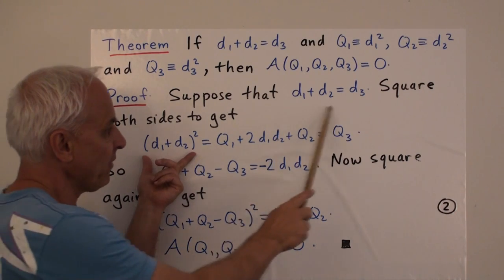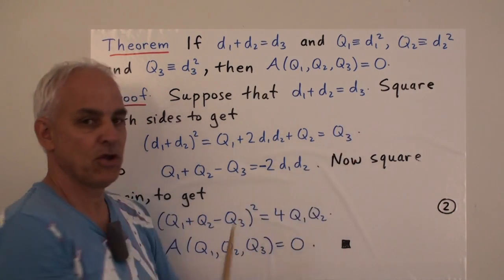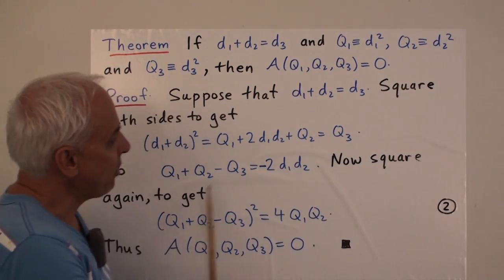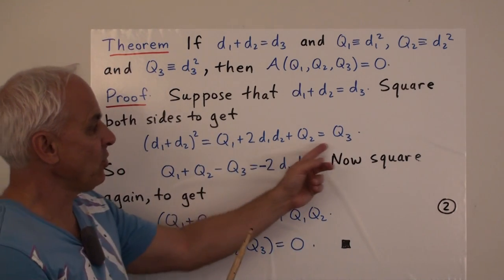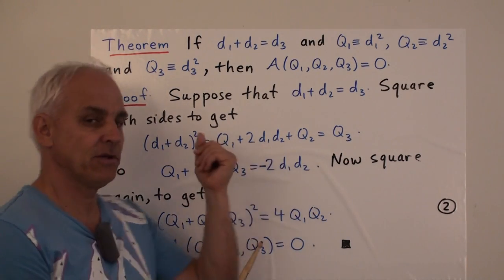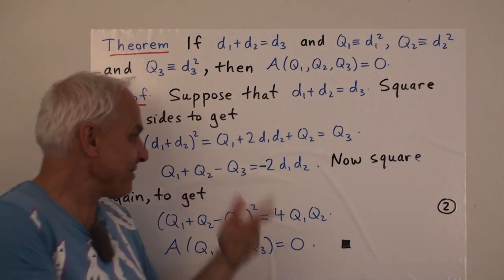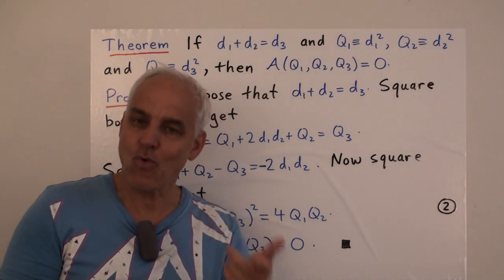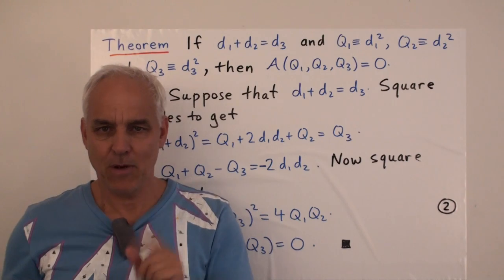All right, so that's the square of the left-hand side here, and the square of the right-hand side will be Q3. So this linear relationship is now transformed into this relationship between Q1, Q2, Q3, and still D1, D2. We'd like to get rid of the D1, D2 and just have a relationship involving Q1, Q2, and Q3 only. How are we going to do that?